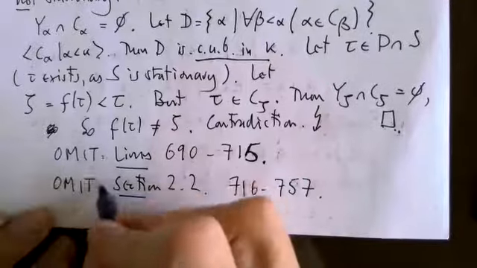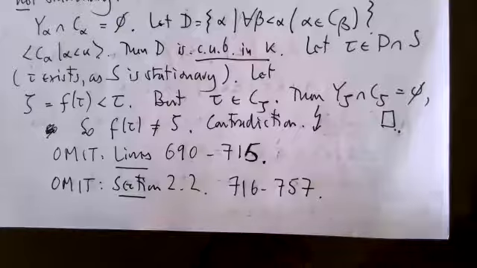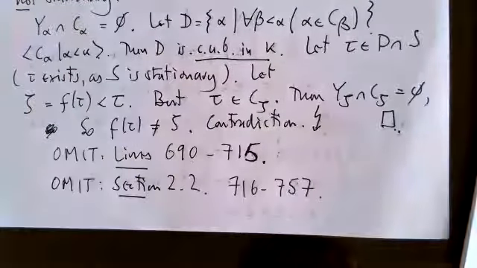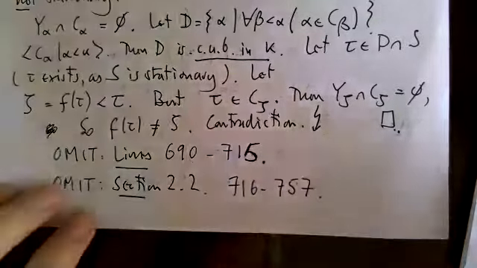Okay, so these are all out. So you can jump over those. And we're going to go to section 2.3, transitive models.